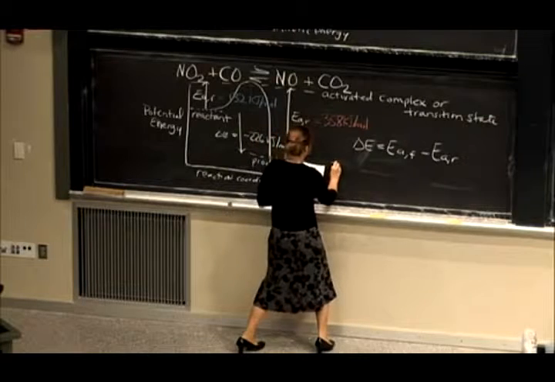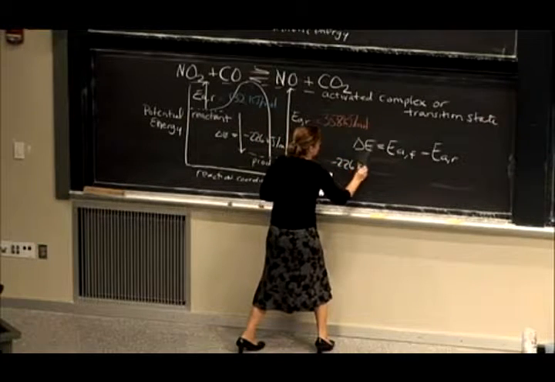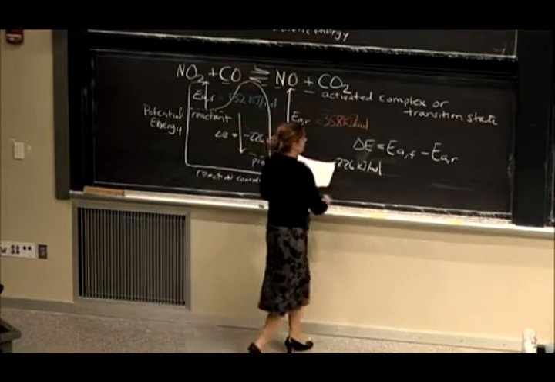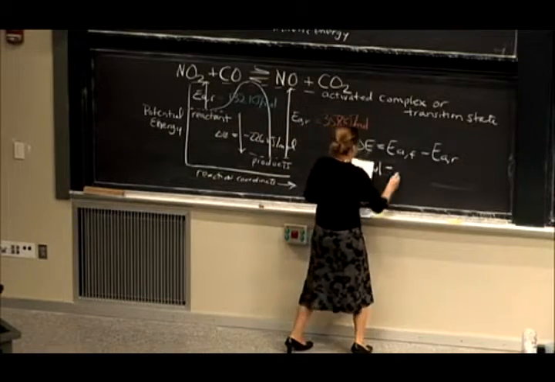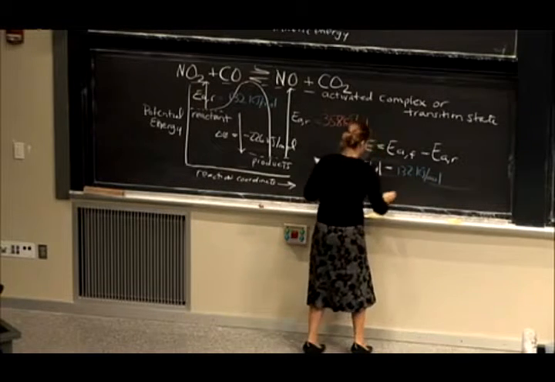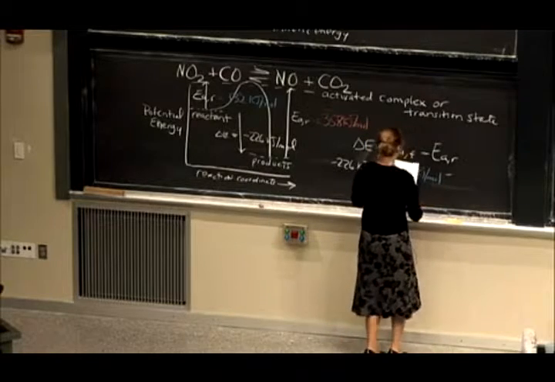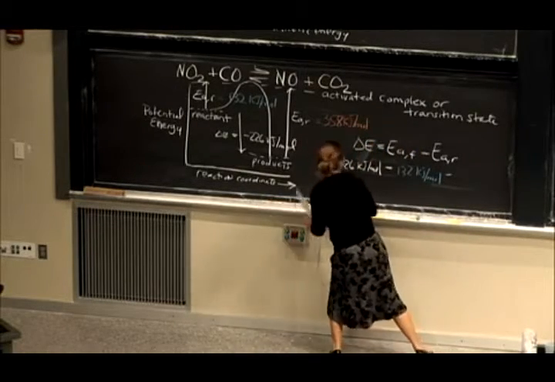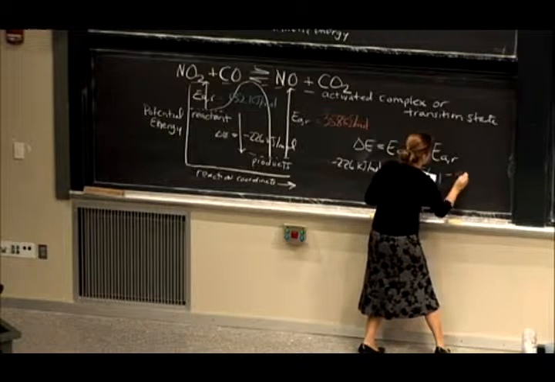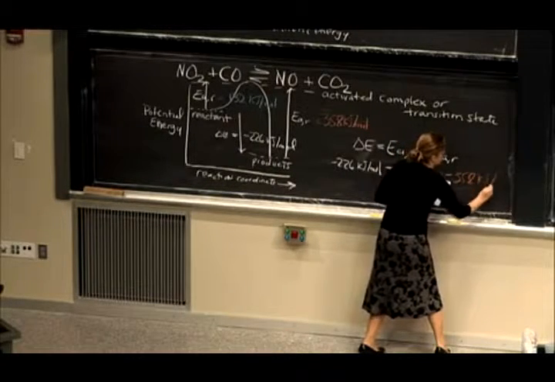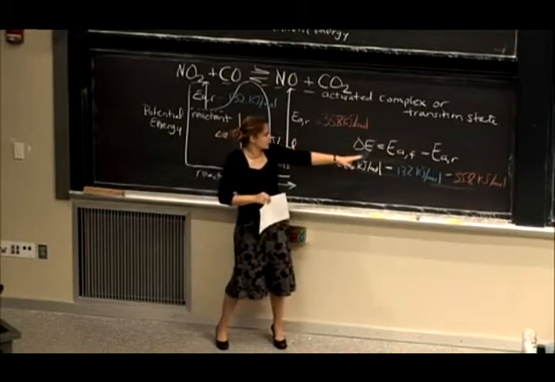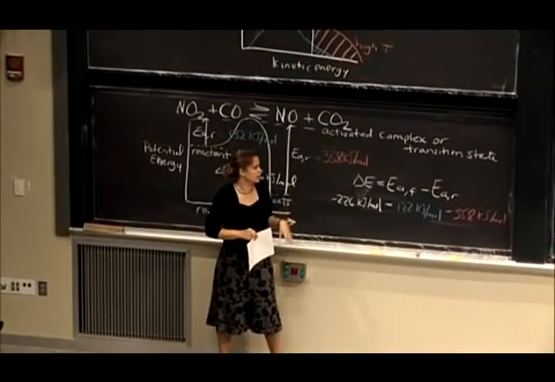In this particular case, we have minus 226 kilojoules per mole as our delta E, for our forward reaction we have 132 kilojoules per mole, and for the reverse reaction, the activation energy is 358 kilojoules per mole. And so these should all add up to each other. If you know two of these values, you can calculate the third.